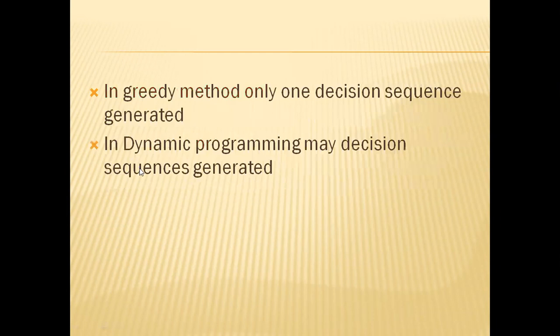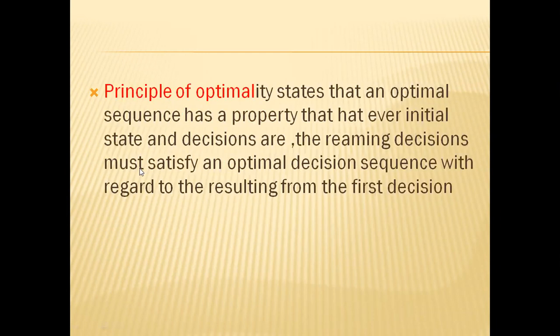In dynamic programming, you have multiple decision sequences. But in the greedy method, you have only one sequence of decisions. In dynamic programming, among the multiple sequences of decisions, you must find the optimal solution by using the principle of optimality.